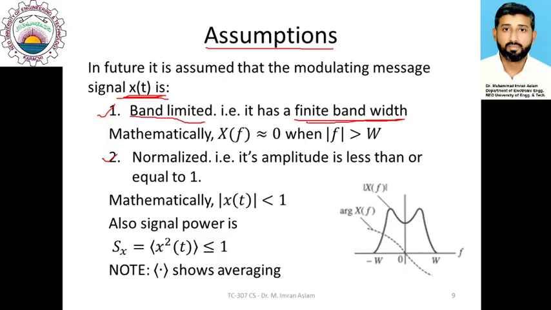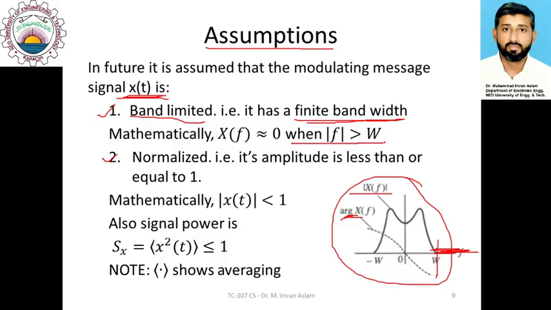So if you plot the spectrum of the signal, here I have plotted the spectrum. This is the magnitude spectrum, and this dotted line is showing the phase spectrum. You can see that the magnitude spectrum extends from 0 up to a certain point, which is represented by W. So there is no frequency content beyond W. If you look at frequencies above bandwidth W, you would see that the amplitude becomes almost 0.